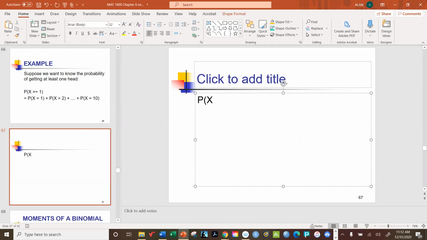We're going to just make a point here that if you add these up, you agree that this has to add up to 1. Of course, because that covers all the possibilities. Now, here's the clever part.